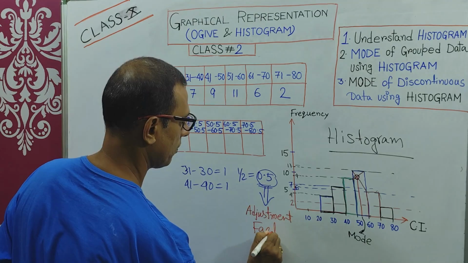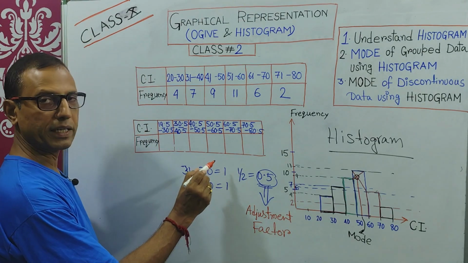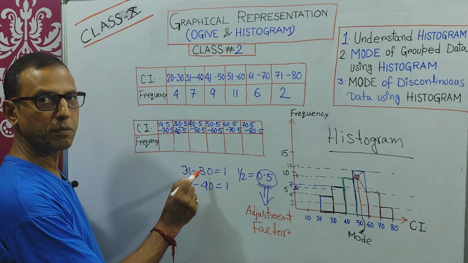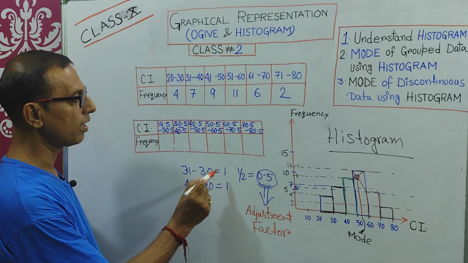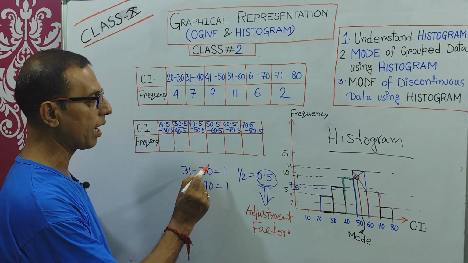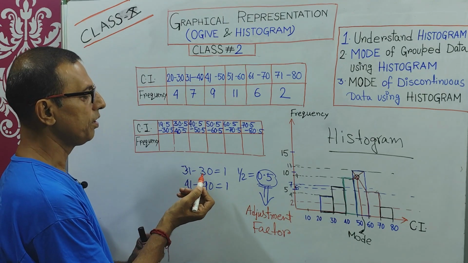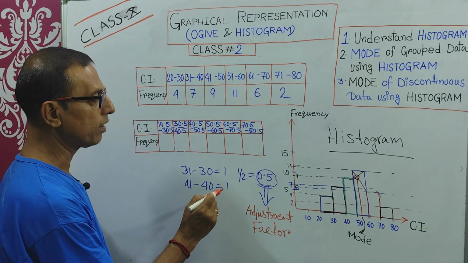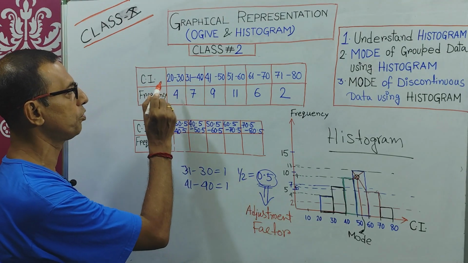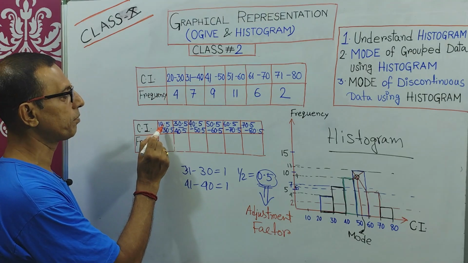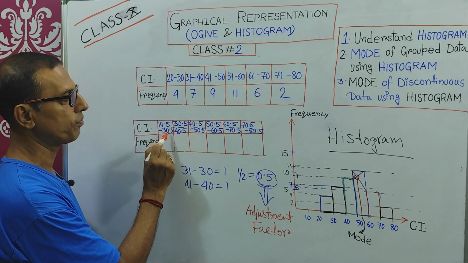You find the gap between the lower bound of the next class and the upper bound of the previous class, and if this gap is equal for all the class intervals, you divide that gap into two parts. That is called the adjustment factor, and you subtract it from the lower bound of all the class intervals and add it to the upper bound of all the class intervals.